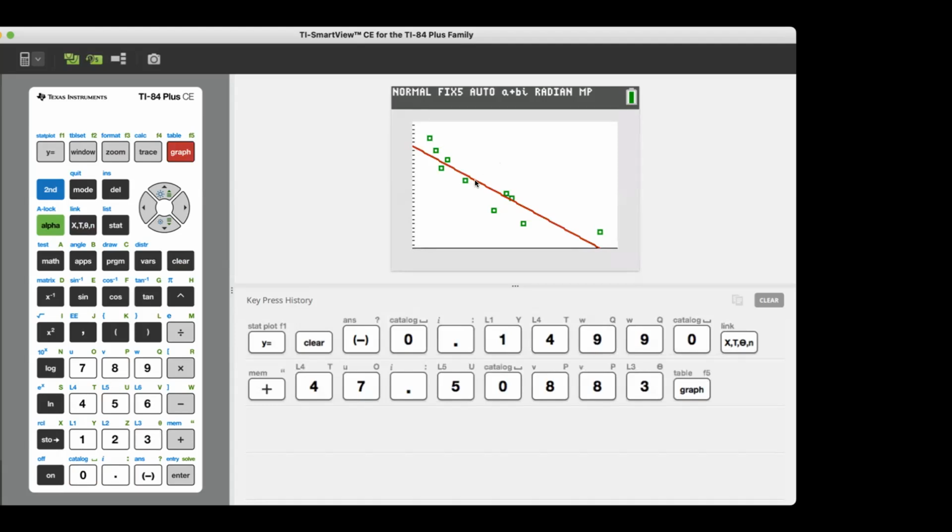And what was the R? R was negative 0.91614, very close to negative 1. So you have a strong negative linear correlation or association. If R, for instance, was positive 0.9 something, then the line would have been going upward from left to right, and you would have a strong positive linear correlation or association.